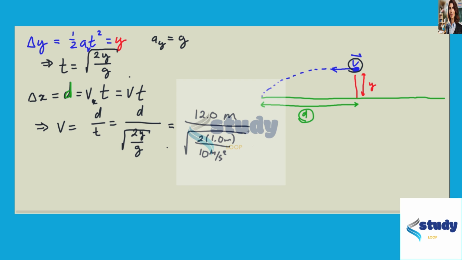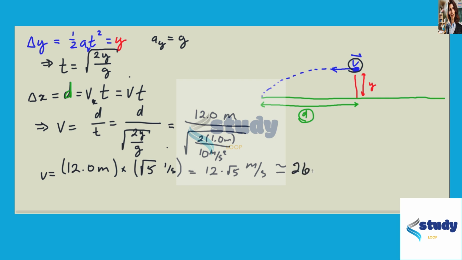Well, if I go ahead and write this all out, I get v is equal to 12.0 meters times, when I go ahead and solve this, I get something about √5 per second. So I get 12 times √5 meters per second. And this is about equal to 26.8 meters per second, or again, as the problem suggests, 27 meters per second.